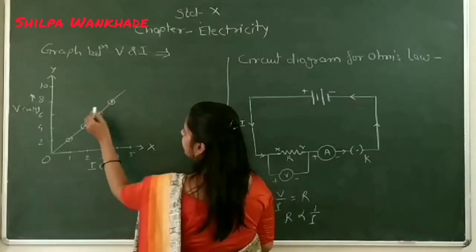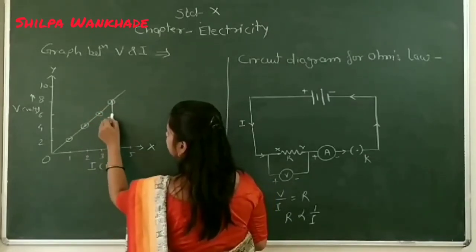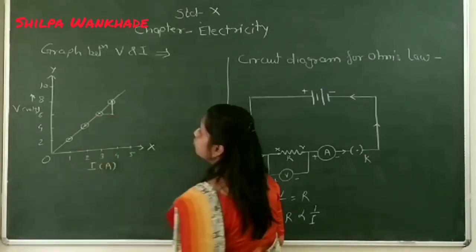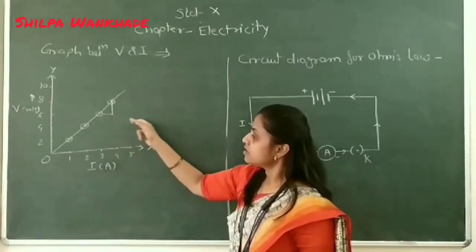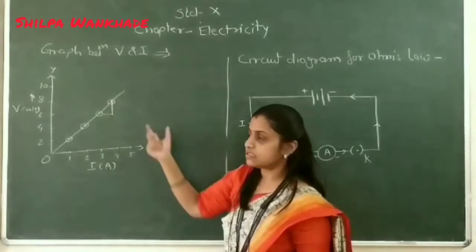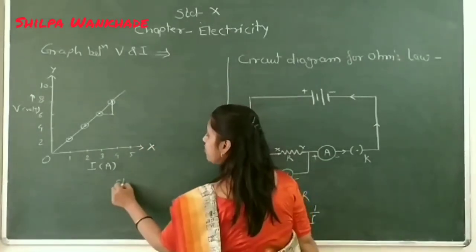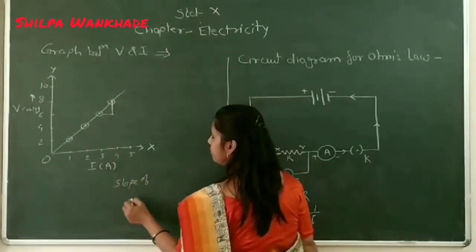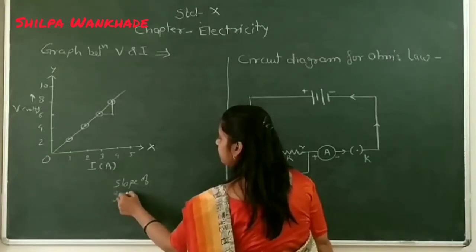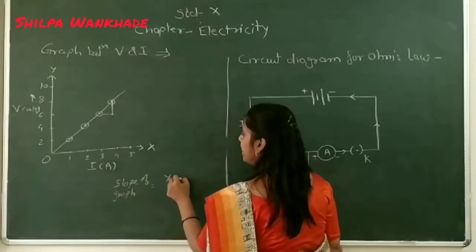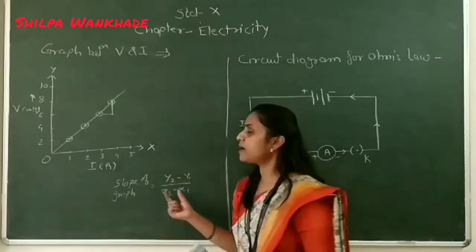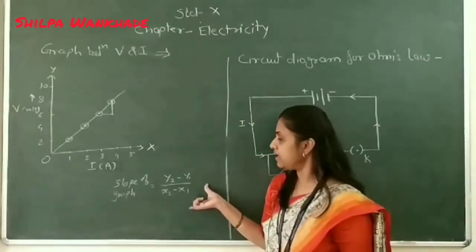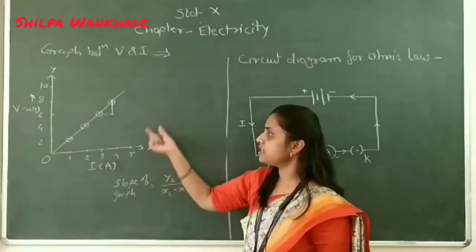If we join any two points, then the slope of the graph gives the resistance. The slope of the graph is equal to y2 minus y1 upon x2 minus x1. By this formula we can easily find the slope of the graph, that is, we get the resistance.